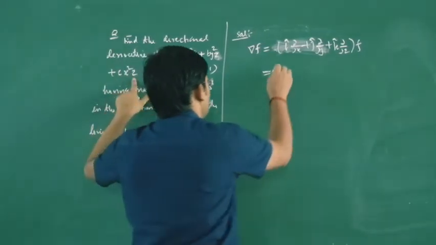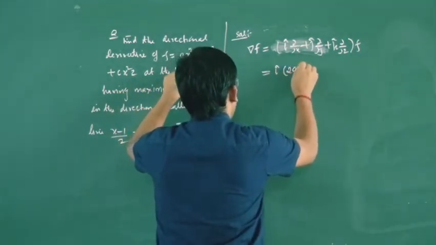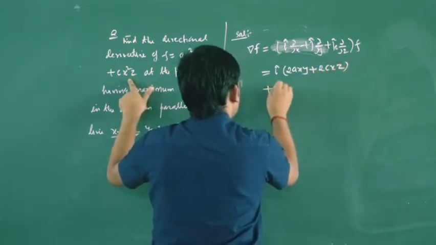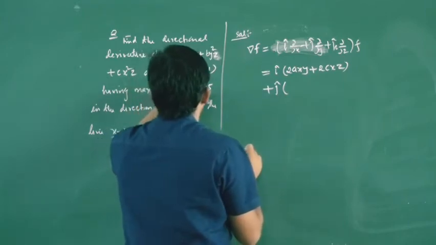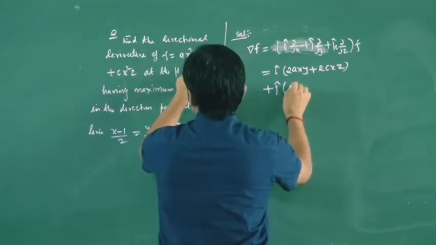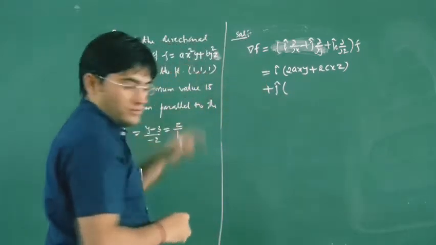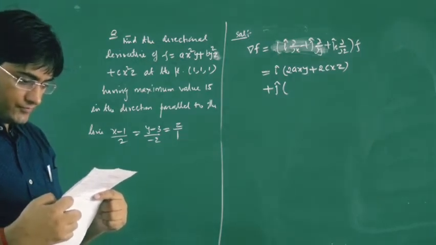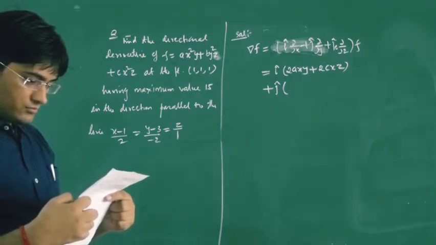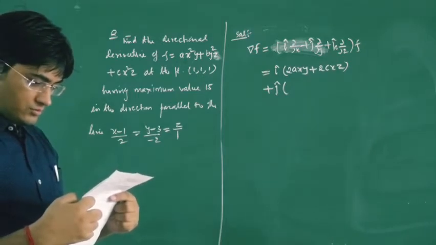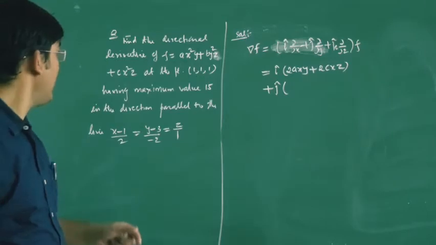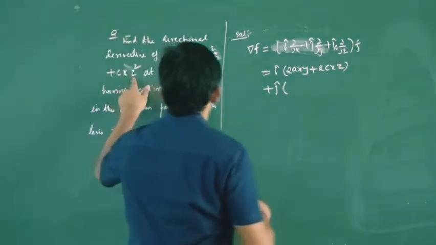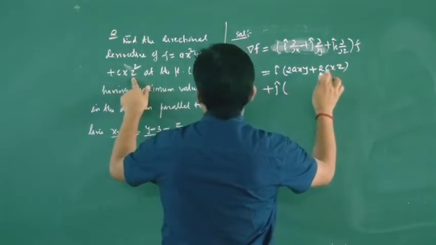So the differentiation with respect to x will give you 2axy plus 2cxz. I think there is some mistake. The last term has to be c x z square.